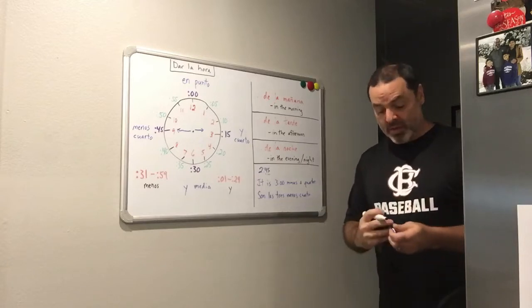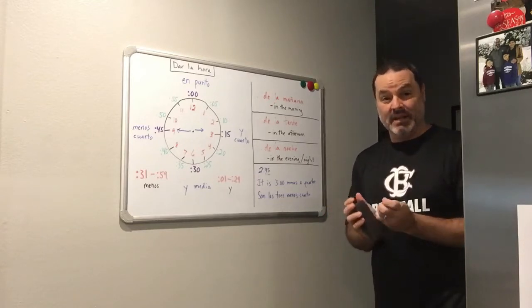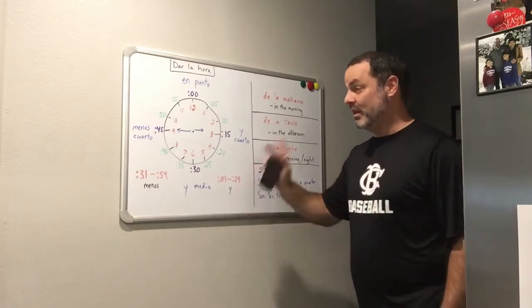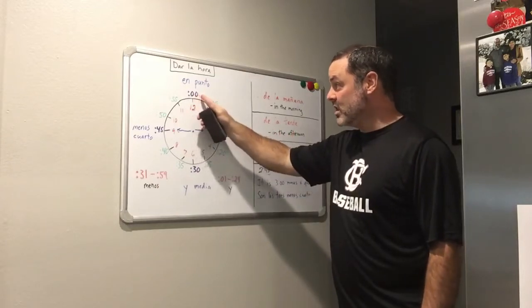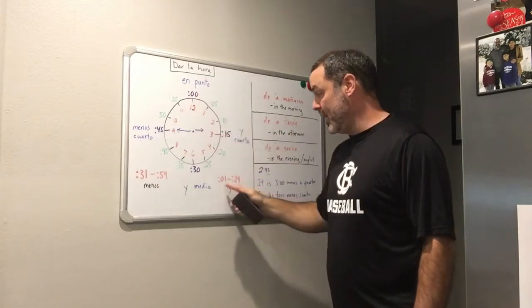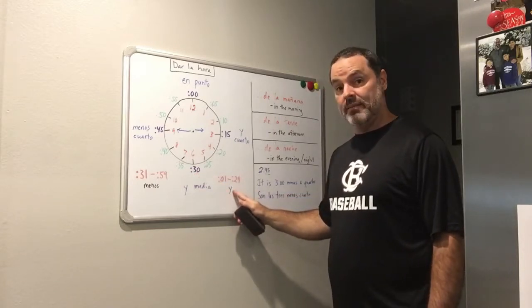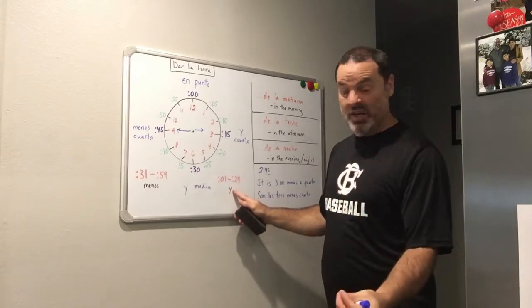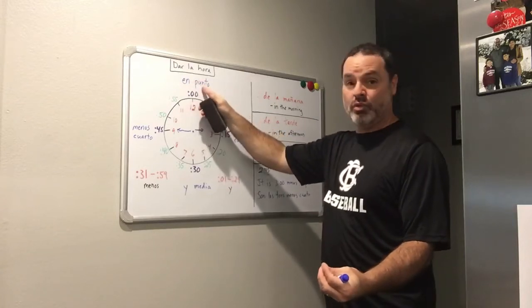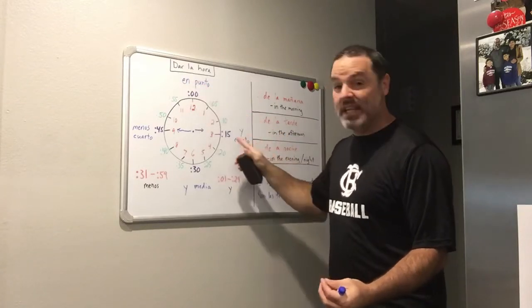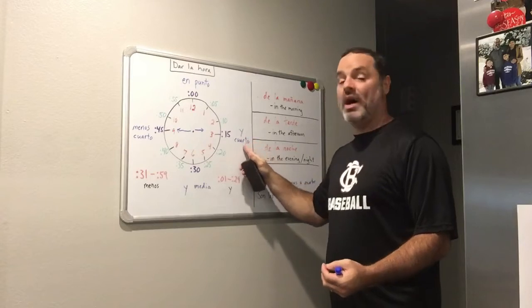Okay? So this is where it gets a little confusing. The most important thing that you have to look at is the minute. The minutes, the minutes, the minutes. And again, if our minutes are 0, 0, all the way up to 30, we're going to use the word y. If it's 0, 0 exactly, we're going to say en punto. If it's 15 exactly, we're going to say y cuarto.